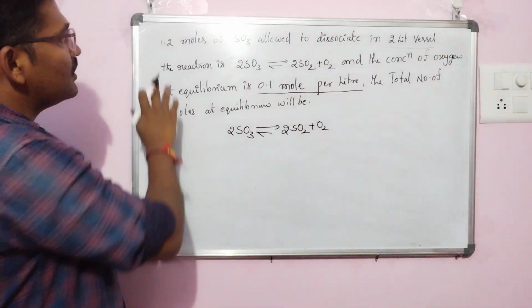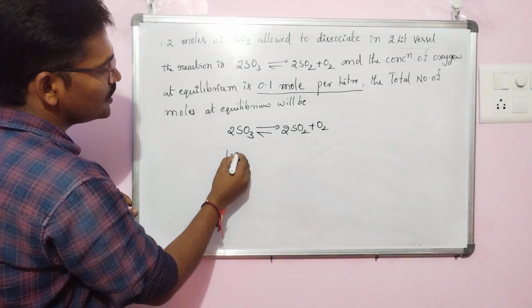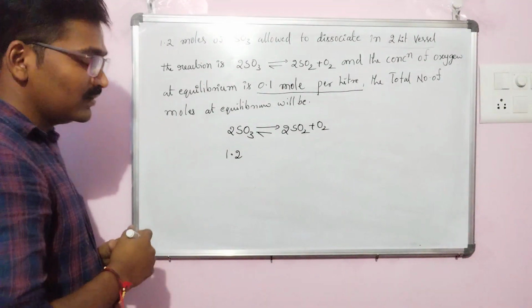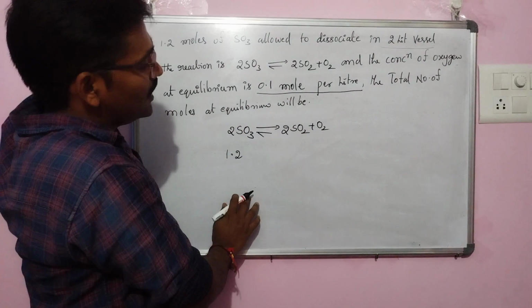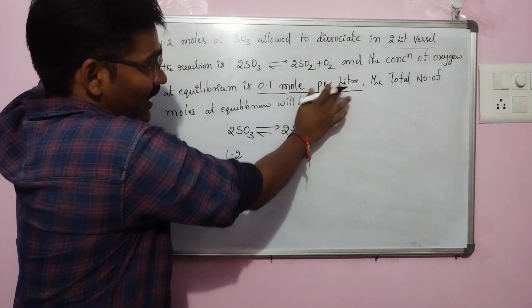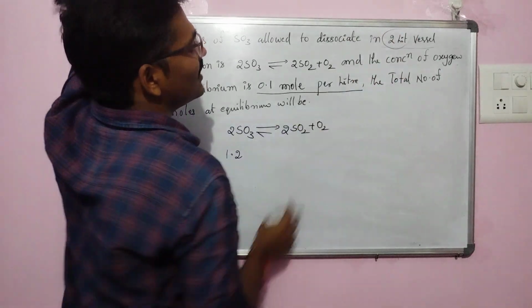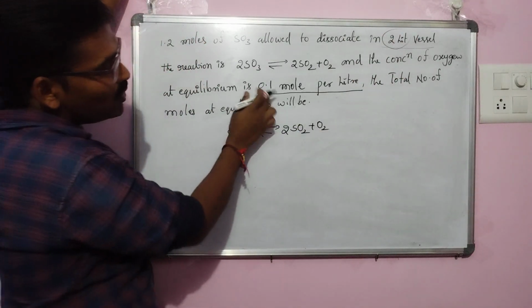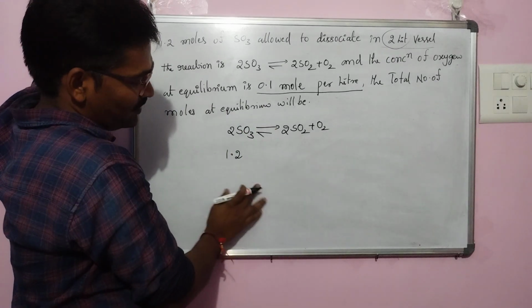Now at the initial stage, 1.2 moles is there. At the equilibrium position, oxygen is 0.1 mole per liter. But actually how many liters are there? 2 liters. So per liter 0.1, then for 2 liters 0.2.